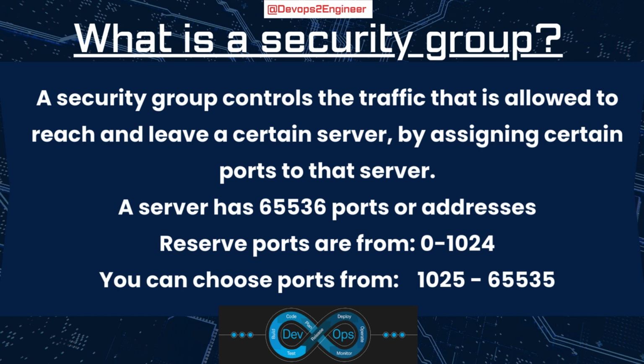You can choose ports from 1025 to 65,535, which means that if you want to assign open ports to a certain server, you can choose any of these ports from 1025 to 65,535.